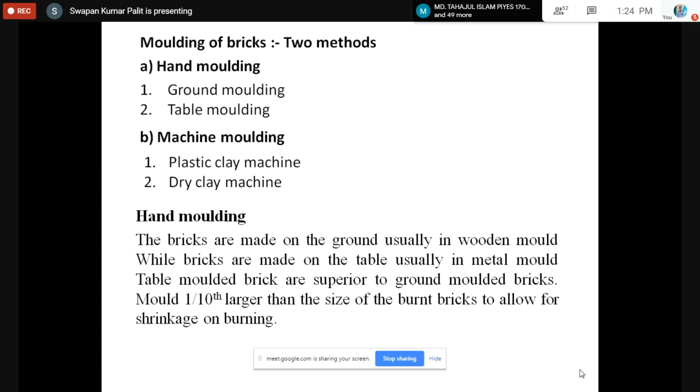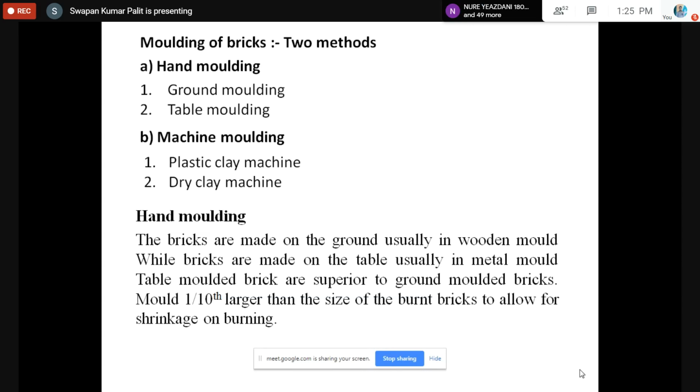While moving on your journey, you can see in the field ground molding or table molding. But machine molding brick, generally you do not observe on the way of your journey, because machine molding needs a large area for making an industry.